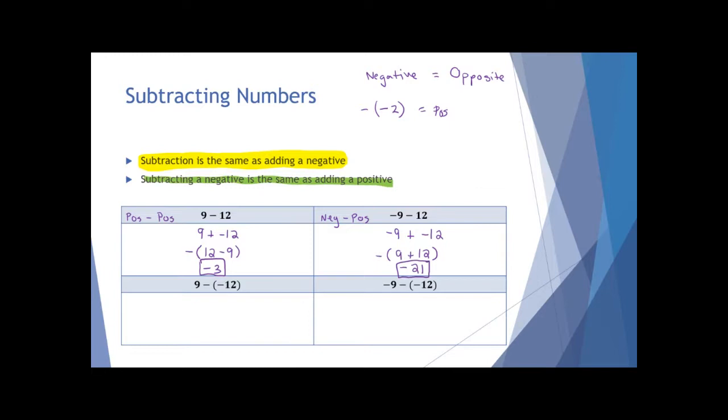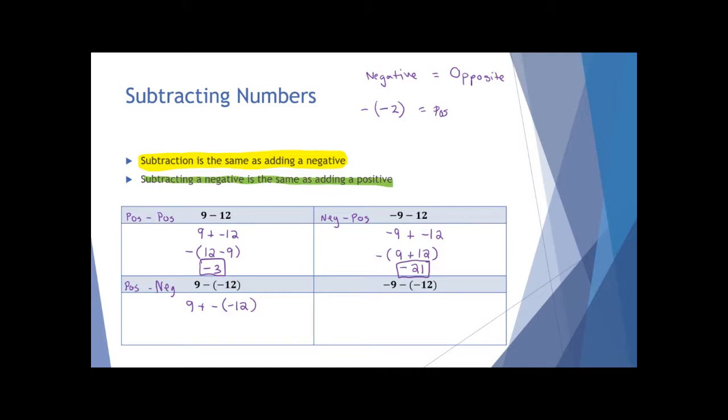Bottom left here, I have a positive minus a negative. So 9 minus negative 12. So I'm turning my subtraction to adding a negative. So this is basically 9 plus negative negative 12.